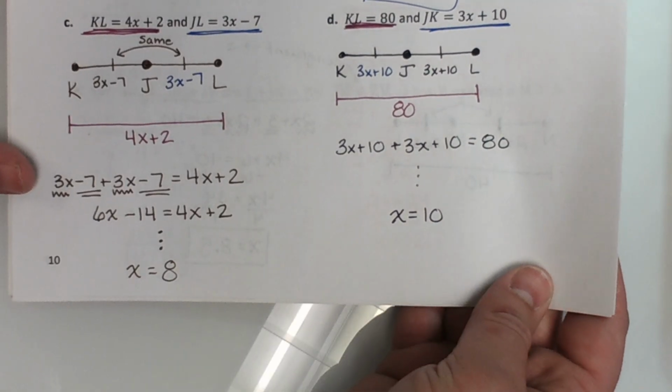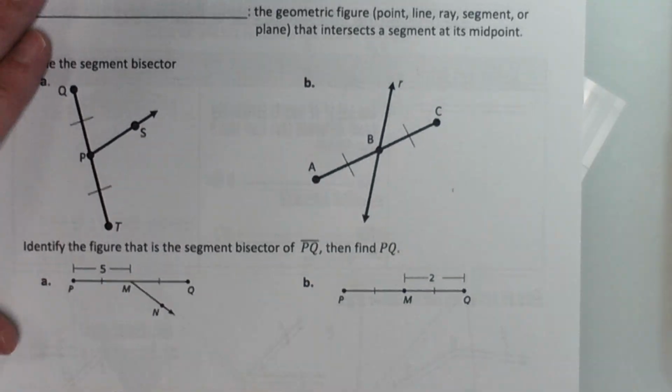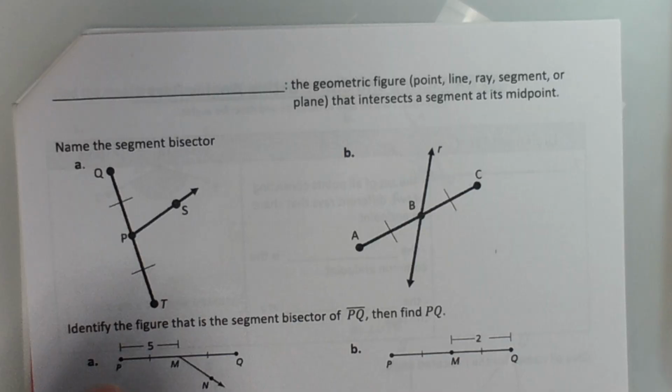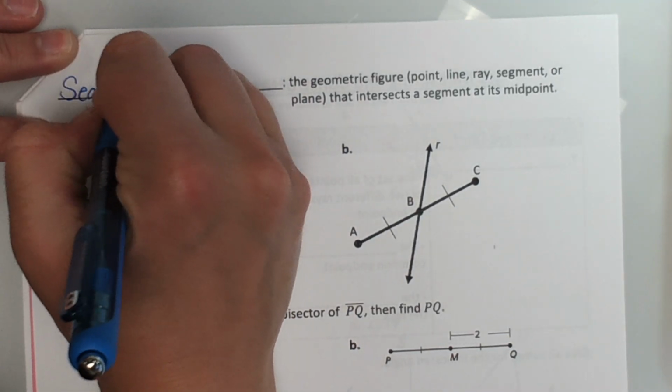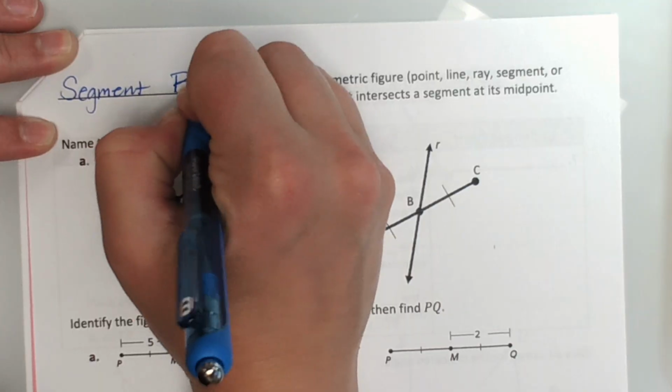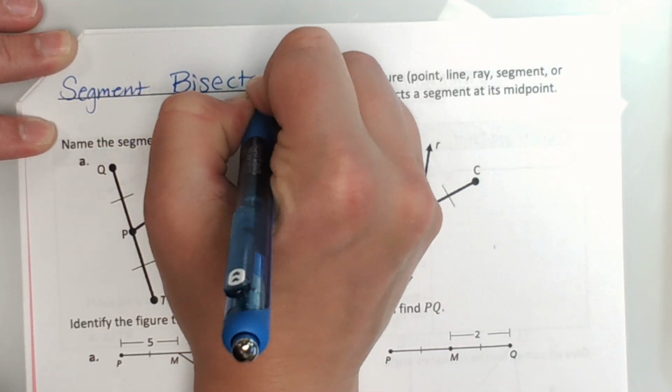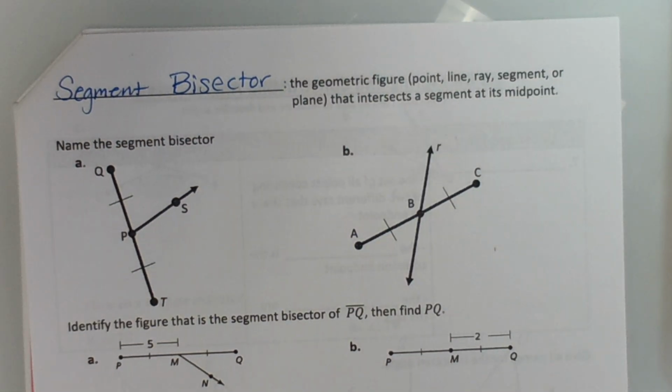It's called a segment bisector. A segment bisector is any sort of geometric figure that goes through the midpoint of a segment.